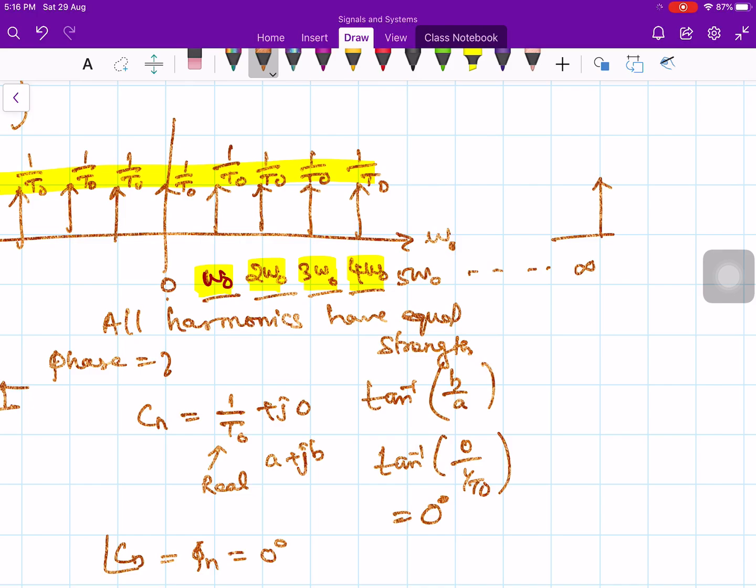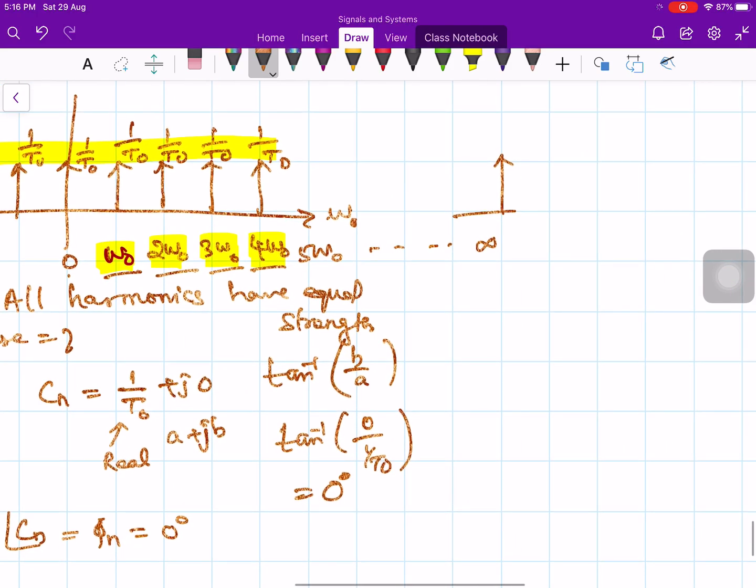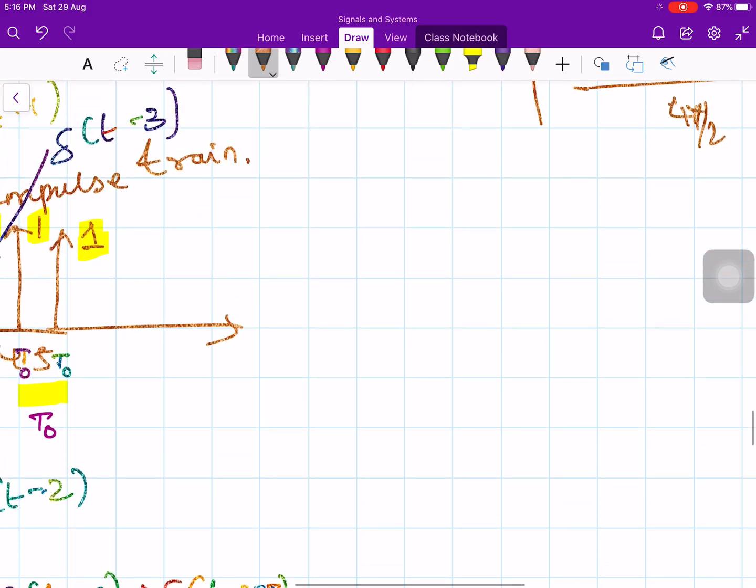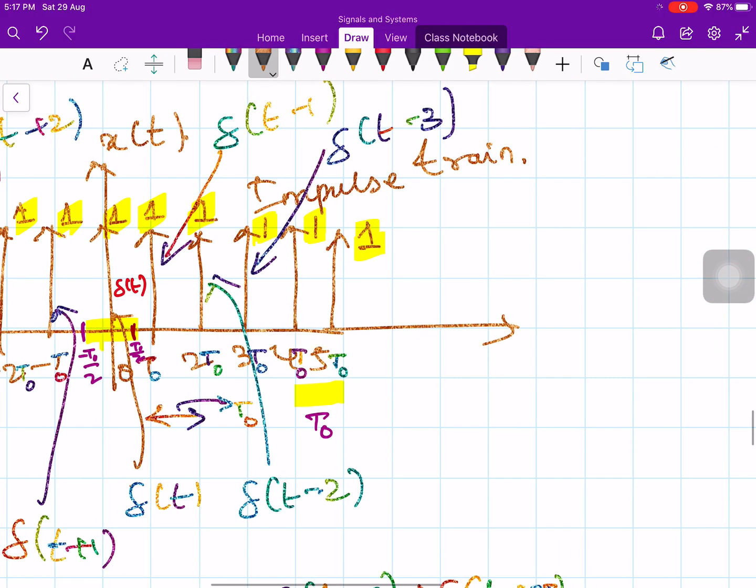Why is that? Because in the time domain, the impulse rises in no time, right? So suddenly it increases. Whenever there is a sudden jump, there is a chance of very high frequency. It has all kinds of frequency. So when you take an impulse and try to find its frequency components, it has all the frequencies, not only one frequency.